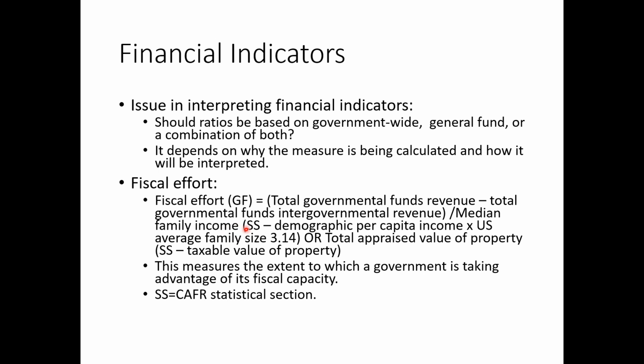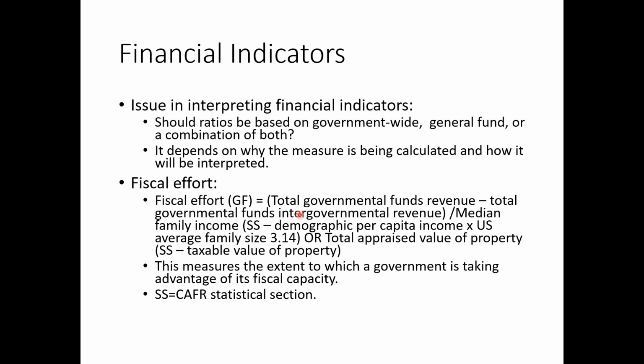We can get this median family income from the statistical section of the ACFR, with the demographic per capita, the demographic sections. That is per capita income multiplied by the US average family size, currently 3.14 persons per household. Obviously the higher the ratio is, the higher the fiscal effort is.